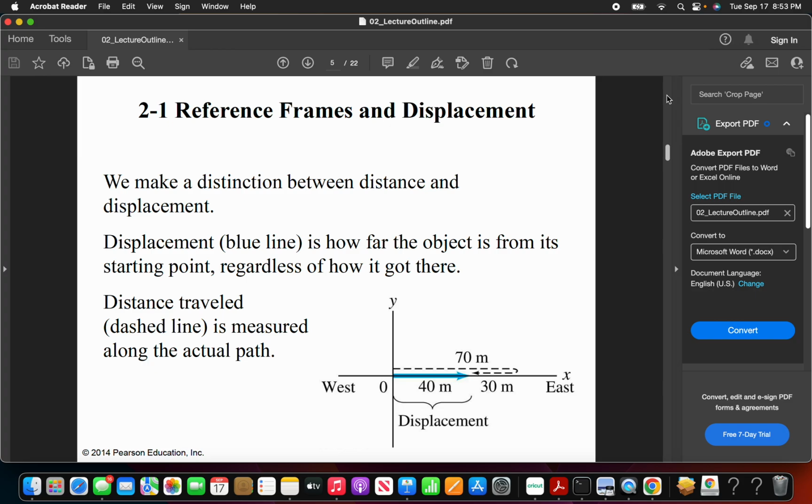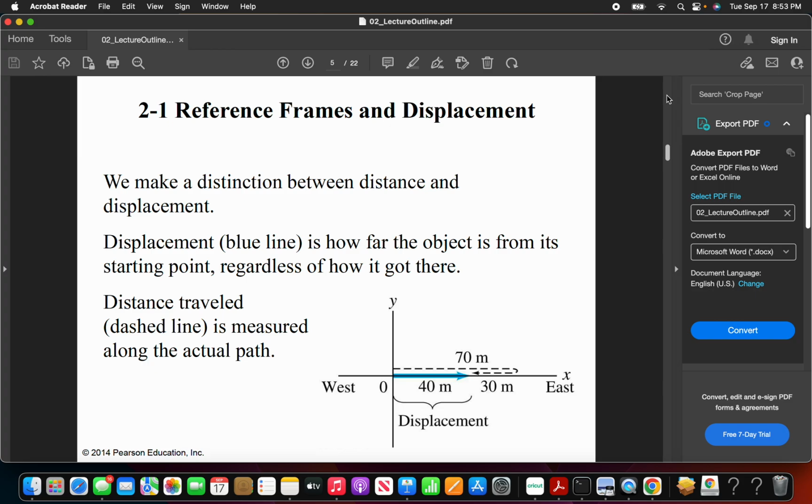They begin and end in the same spot. So the question is, well, what was the person's velocity and what was the person's speed? Right? How fast did they move around the track? Okay, because they started from one point and they ended up in the same point. Okay, but we know they went somewhere. We know that they didn't not go anywhere, right?